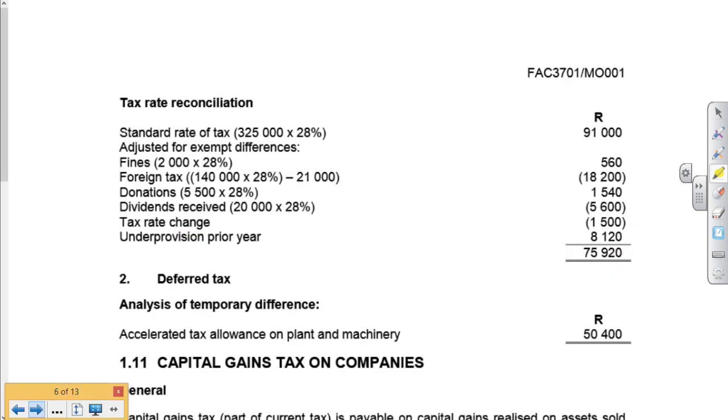And then here's my recon. My recon starts at 325. 28%, that's what I expect to see as my tax expense, 91. Yeah, because if I follow the rules in IAS 12, which says account for tax when you account for the transaction, if that's what I've got as profit, that should be what I would have as tax.